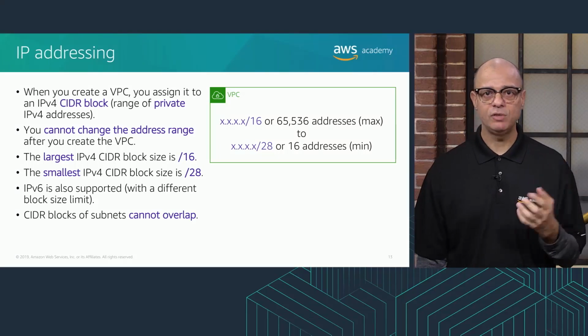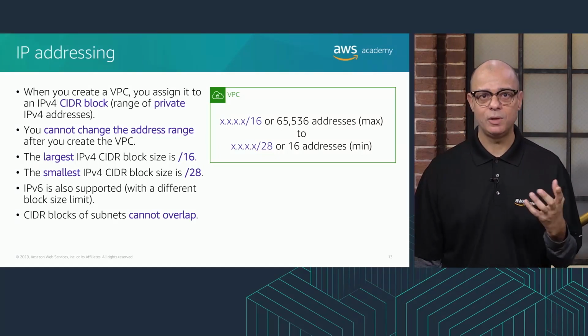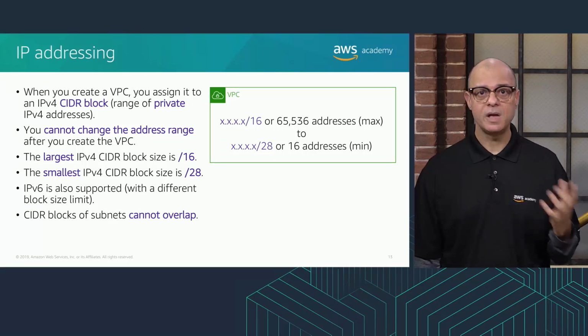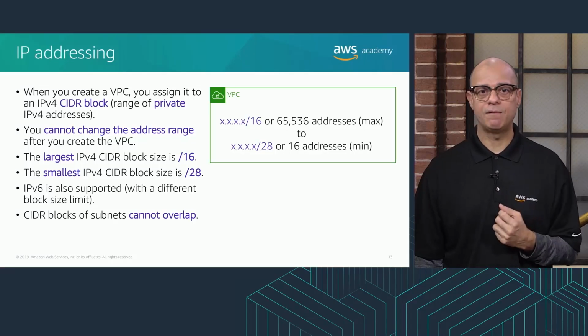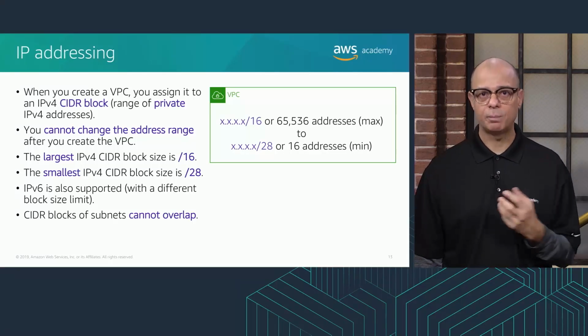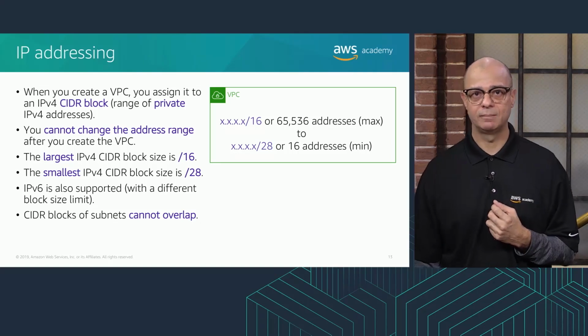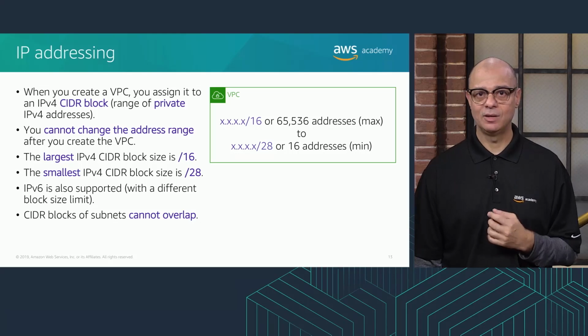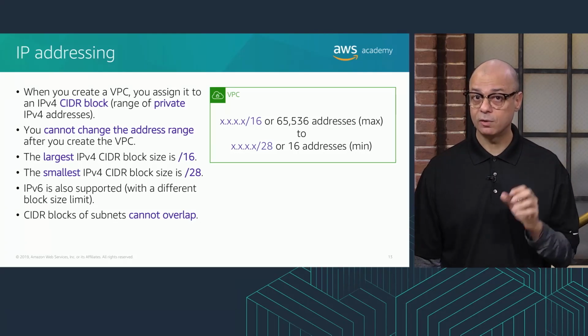IP addresses enable resources in your VPC to communicate with each other, and with resources over the internet as well. When you create a VPC, you assign an IPv4 CIDR block, meaning a range of private IPv4 addresses, to it. After you create a VPC, you cannot change the address range, so it is important that you choose it carefully.